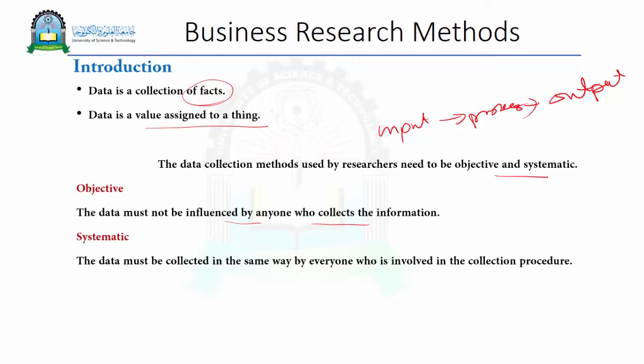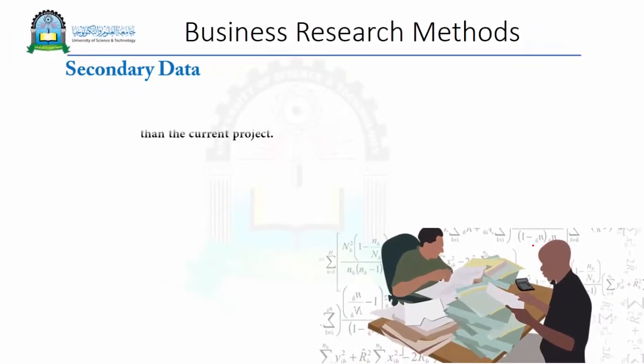Data collection must also be a systematic process, which means the data must be collected in the same way by everyone who is involved in the collection procedure. So it must also be systematic.